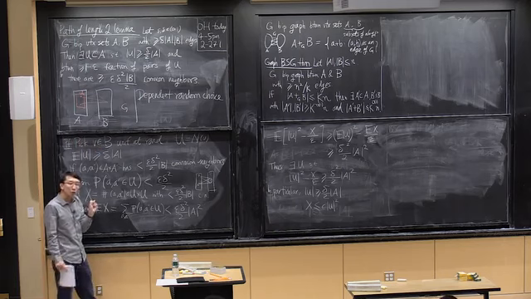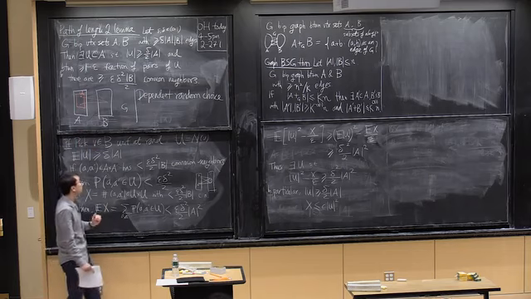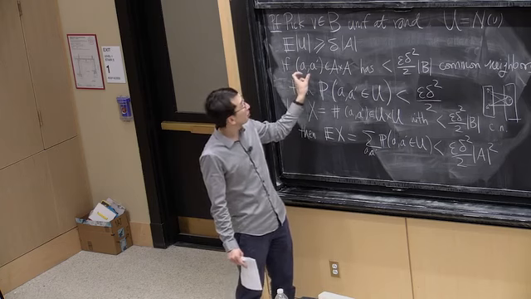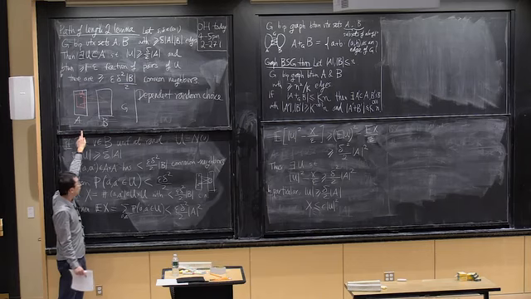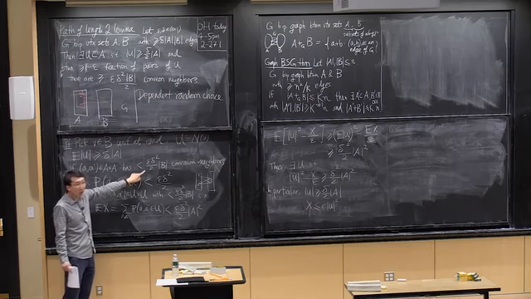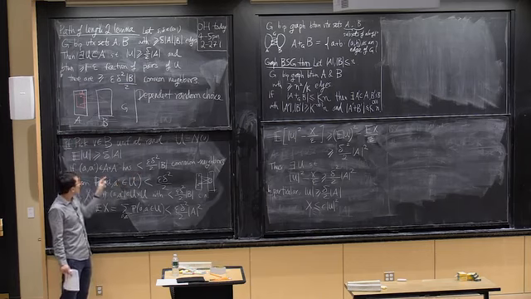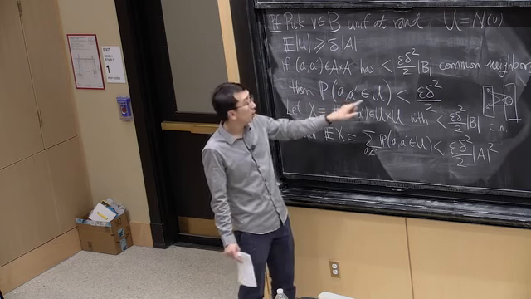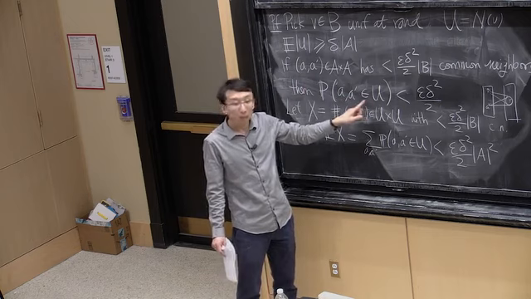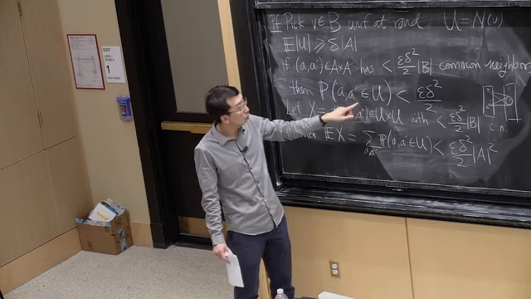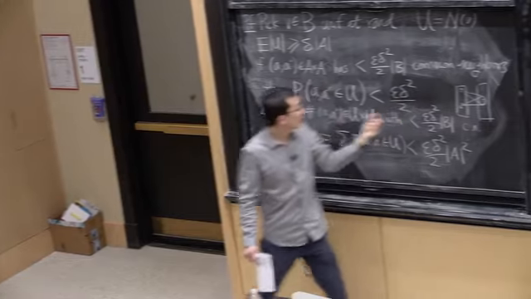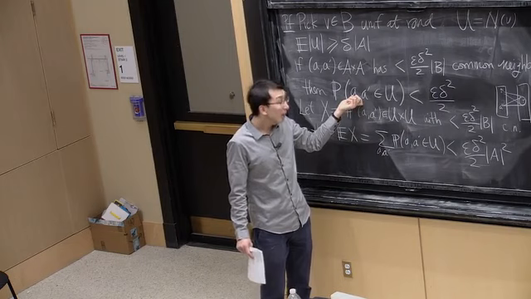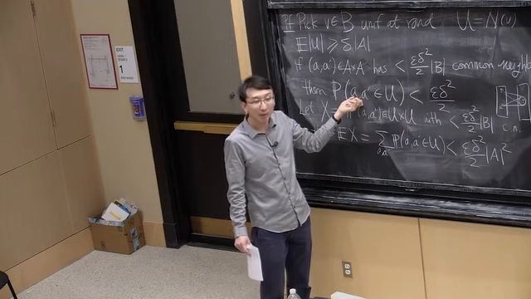And I claim that this U typically should have the desired property. The reason is that if you have a pair of vertices on the left that do not have many common neighbors, then I claim it is highly unlikely that these two vertices both appear in U. Because for them to both appear in U, your V must have been selected inside the common neighborhood of A and A prime, which is unlikely if A and A prime have few common neighbors.